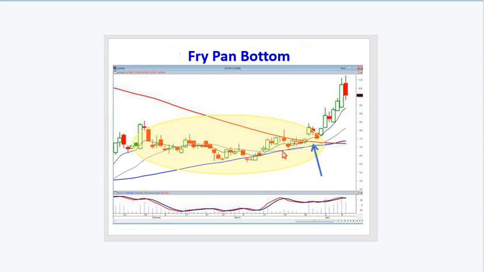If this is our fry pan bottom and they gap it up through the beginning of the fry pan bottom, number one, and number two, the 200-day moving average, which could be perceived as a resistance level, what's it pretty much telling us? That everybody and their brother could see that this was a resistance level. We could see that it was right at the breakout of a fry pan bottom. They had no more regard for the resistance level. That's telling us that we have a fry pan bottom breaking out.